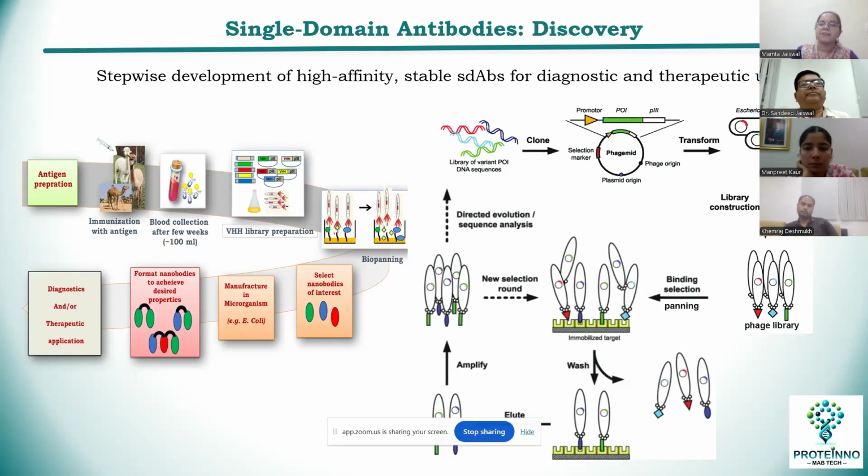Normally, from 10 to the power 8 library molecules, we get roughly 5 to 10 good candidates, which can be used for diagnostic and therapeutic targets.